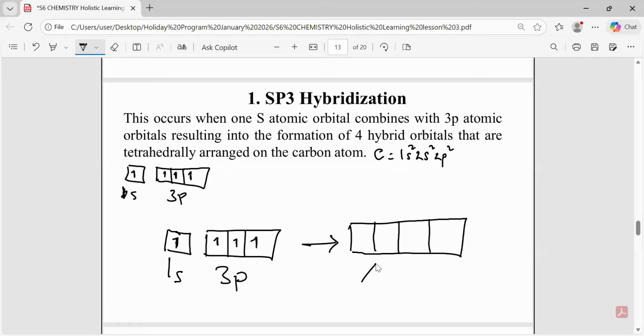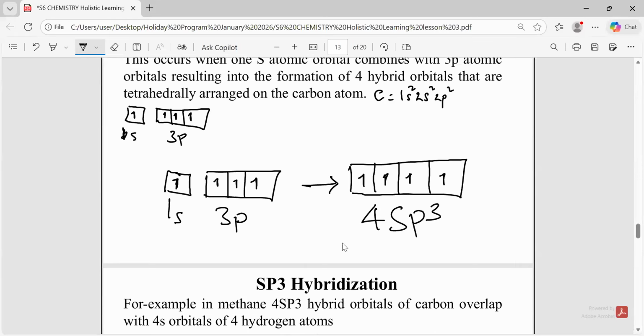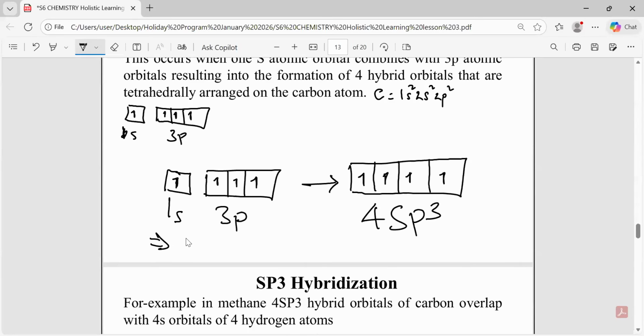So our product is 4 sp3 hybrid orbitals, and now they have the 4 electrons. But this can be exhibited in alkanes. That's when you're going to take us through the example of methane and how the 4 sp3 hybrid orbitals come about.